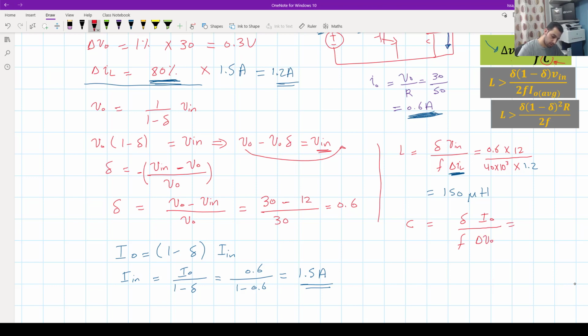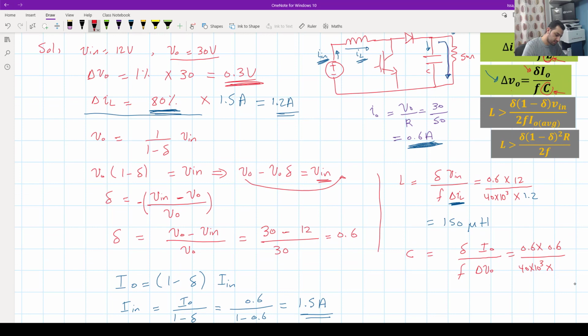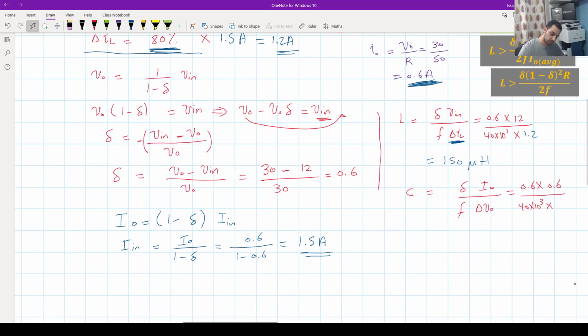And that will equal delta is 0.6 times I output 0.6 again, divided by the frequency 40 kilo, and the delta V output, as we calculated here, is 0.3 volt. Okay, and that will give us a value of 30 microfarad.